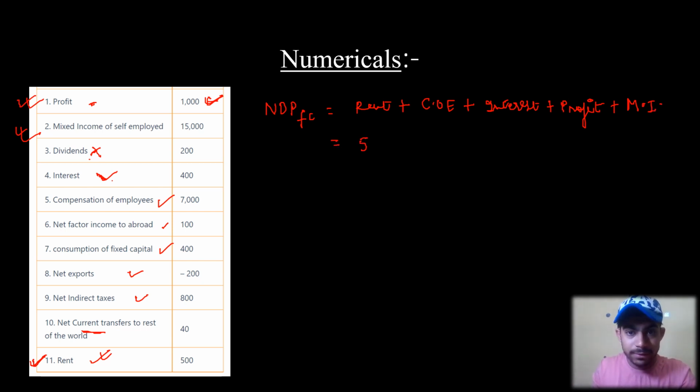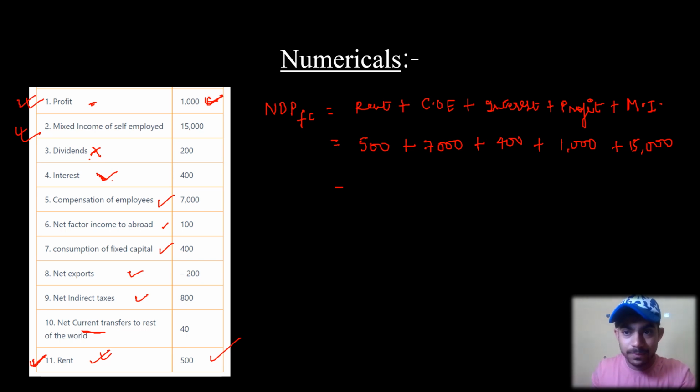Rent is 500, given here. Compensation of employees is given 7,000. Interest 400 and profit is 1,000. And mixed income of self-employed is 15,000.